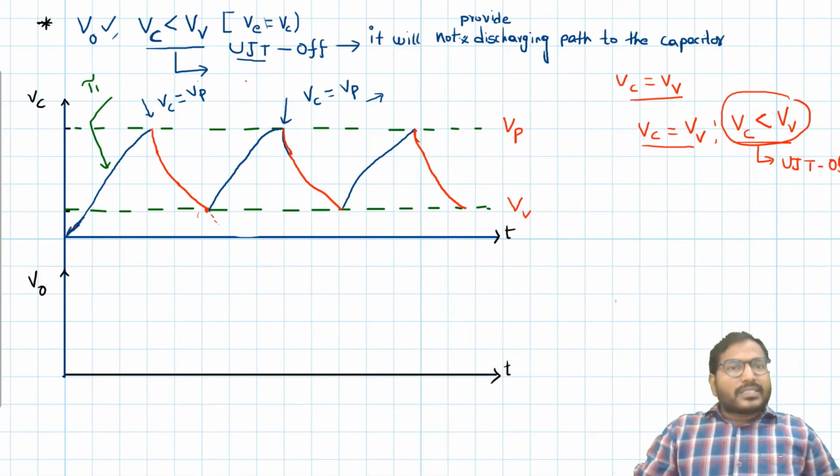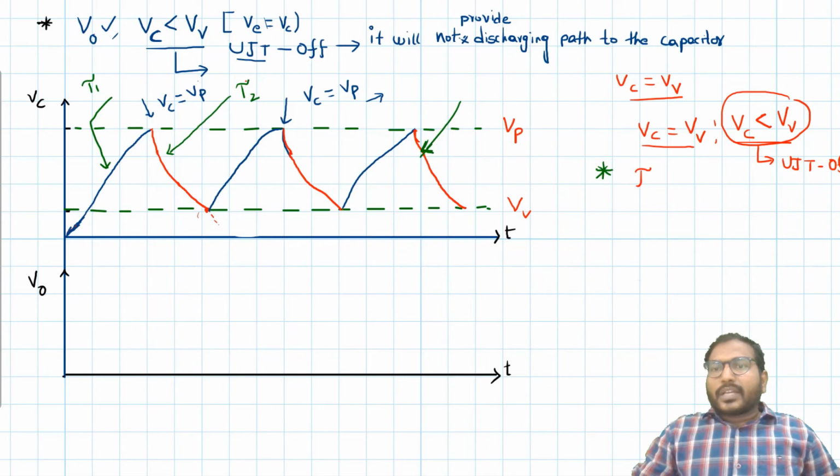When the capacitor is discharging, represented by the red line, the time constant is τ2. The important conclusion is that the charging time constant is much greater than the discharging time constant.